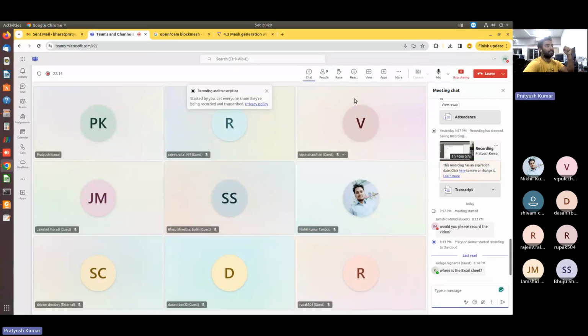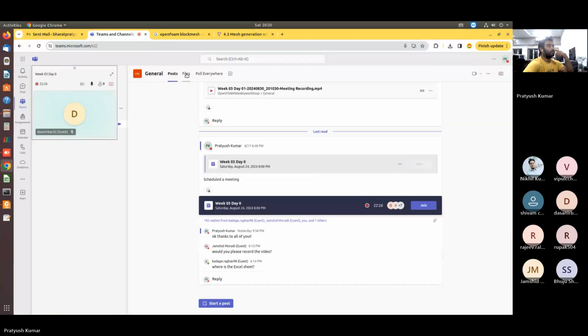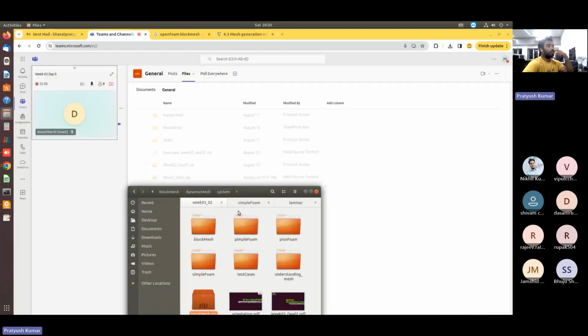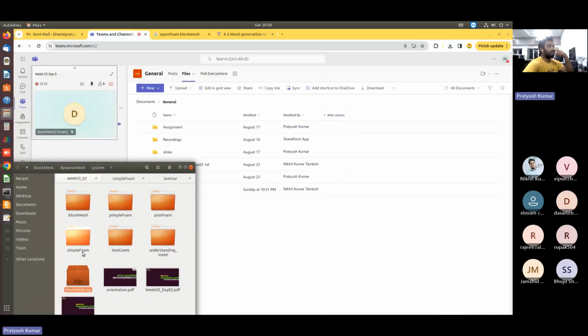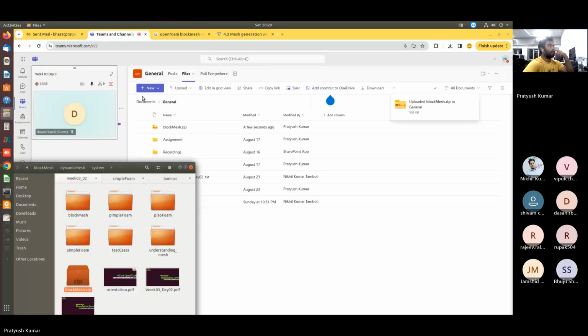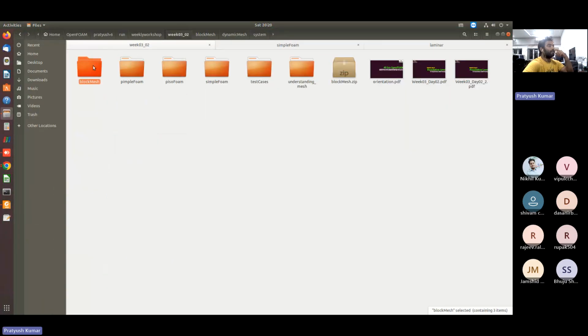I will share the Excel sheet in the WhatsApp group. So that blockMesh, I'm just uploading here. You can start working with me.